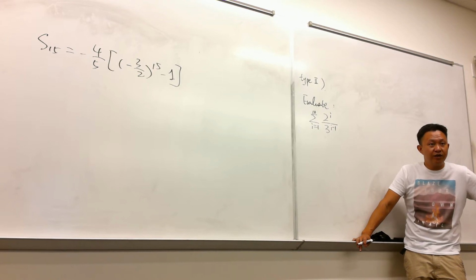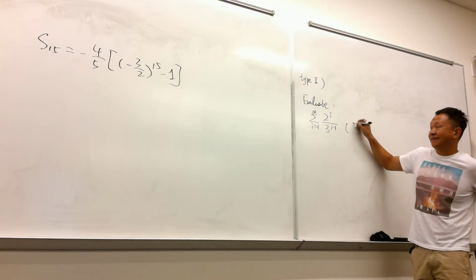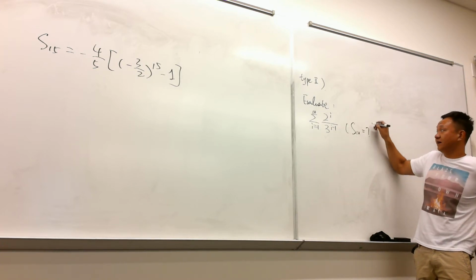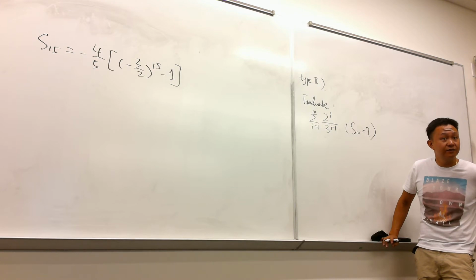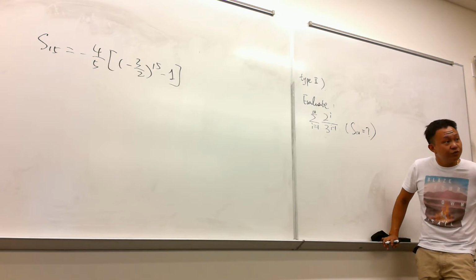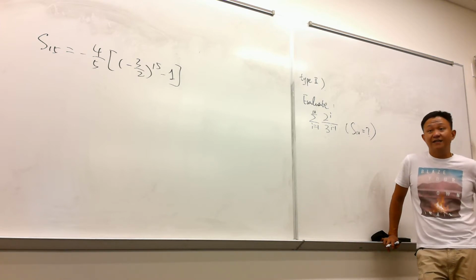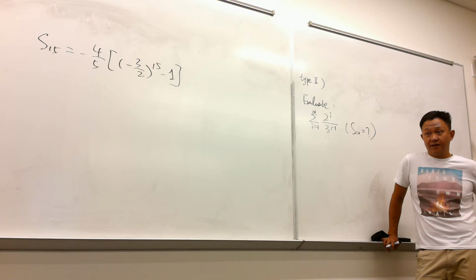This really asks you to find what S sub 10 is. And then, no matter what kind of question you have in a geometric sequence, you always want to find two items. What are they? The first term and the common ratio. What is the first term? How are you going to find the first term?